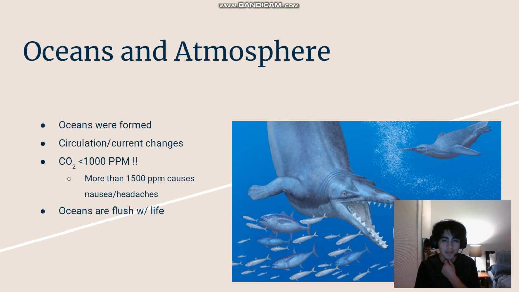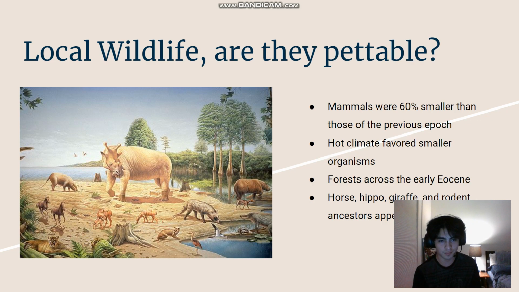So, not great considering that at 1,500 parts per million, humans start to feel nauseous and dizzy. So, try not to do any extensive activity or much running. Tread carefully.